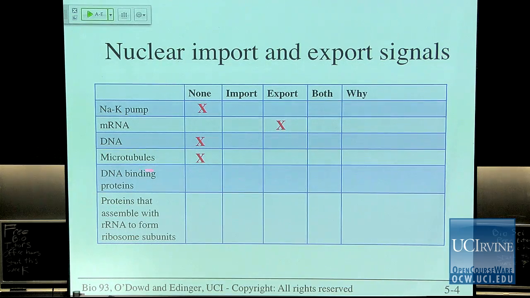And so where is something that's going to bind DNA going to have to go? Into the nucleus. That's exactly right. So it has import signals. I just learned and thought about it more carefully that, in fact, there are cases where DNA binding proteins are actually exported out as well, as a mechanism of regulation. So this could actually be both.